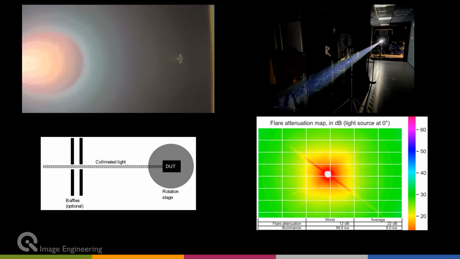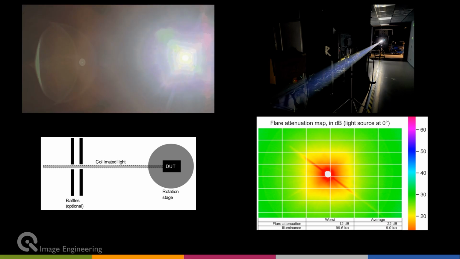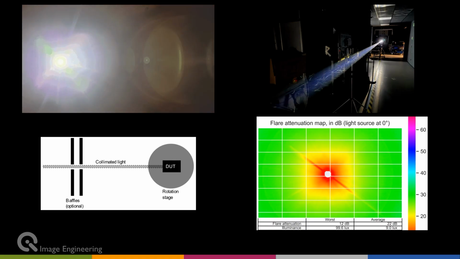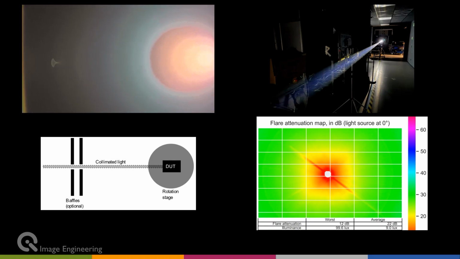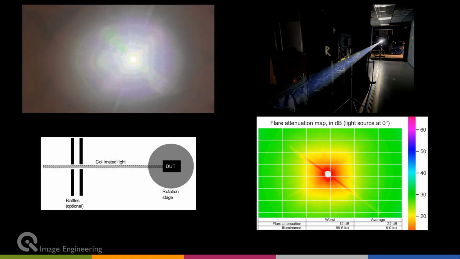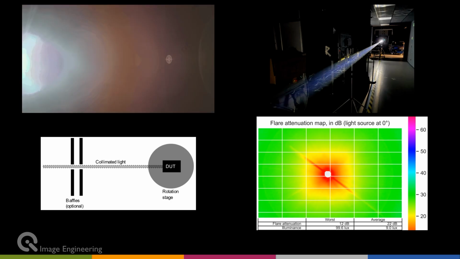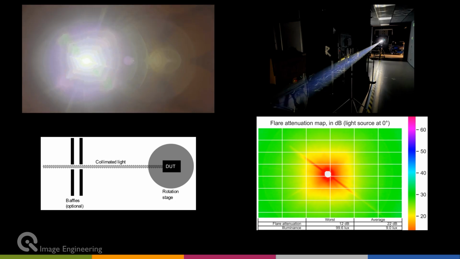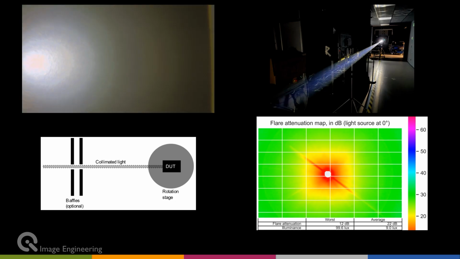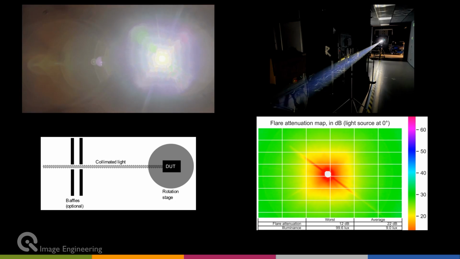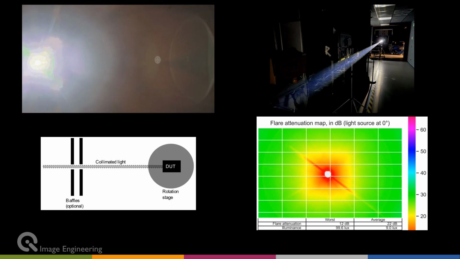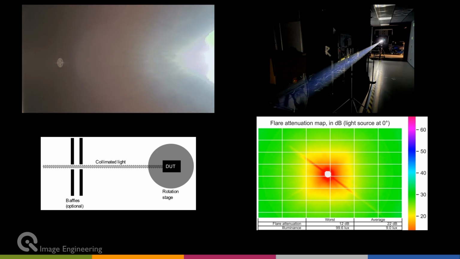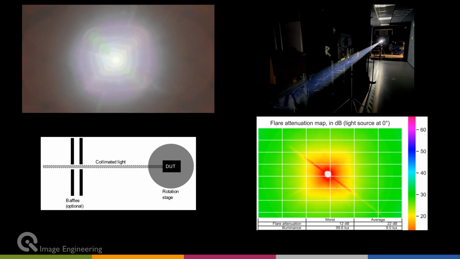That gives you also a map, but the map is about the different angles. So you rotate the camera for the entire hemisphere, and that will give you information at which angle you got more flare and at which you got less flare. So from that you have the chance to investigate further what might have caused the flare in your camera.